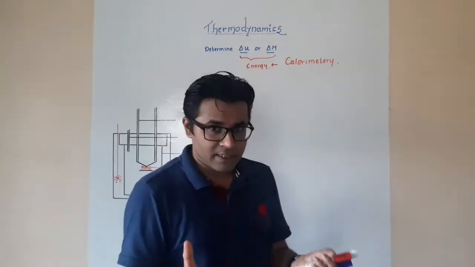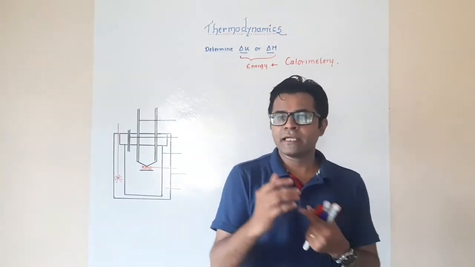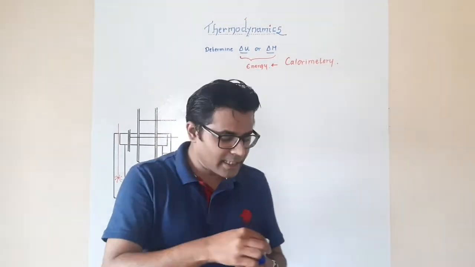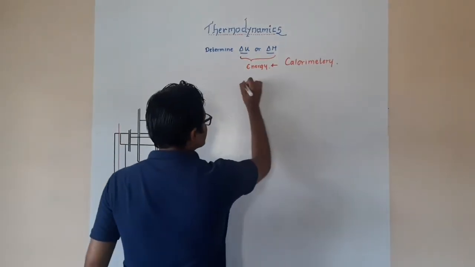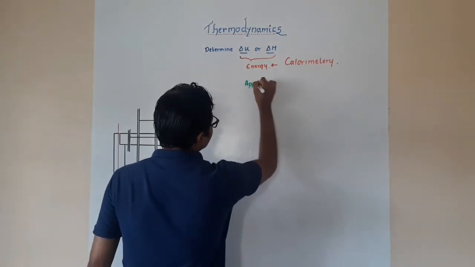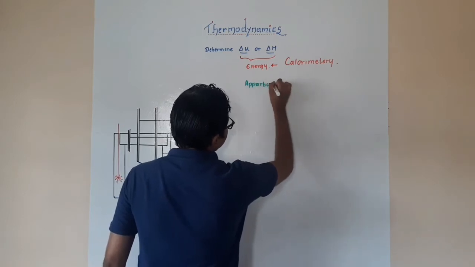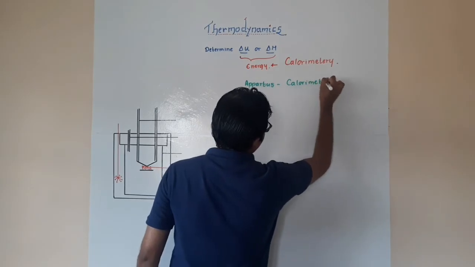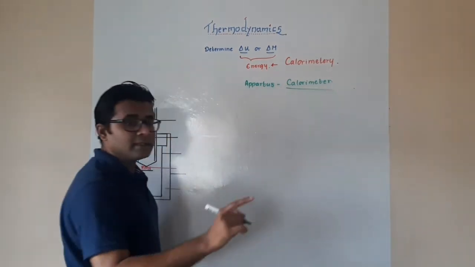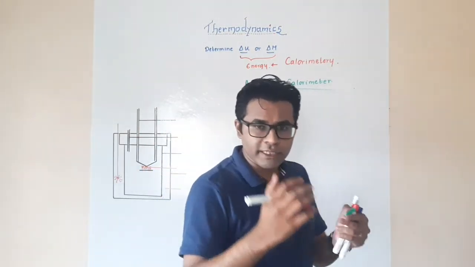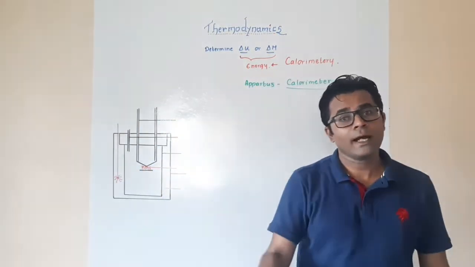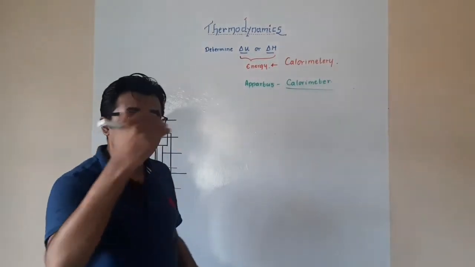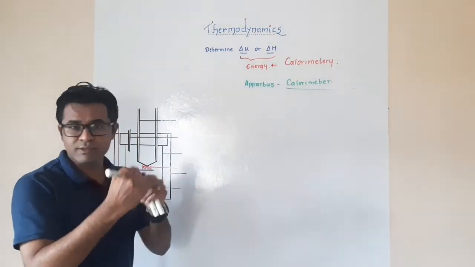The device that we use in order to calculate the change in energy, whether the change in enthalpy or change in internal energy, that particular apparatus we call a calorimeter. So the calorimeter is the apparatus which helps us determine the change in energy, while the experimental techniques are called calorimetry. I hope you understood the difference between these two.